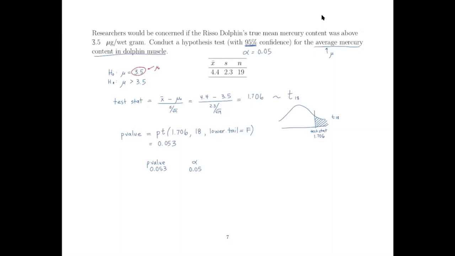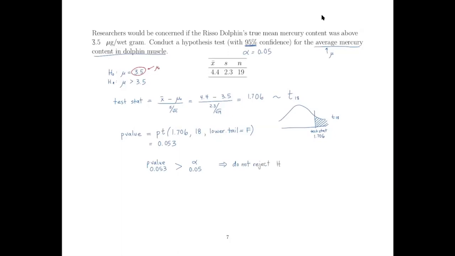So we have a 5% cutoff for the chance of observing the test statistic that we did, given that the null hypothesis is true. In this case, our p-value is just slightly more than our alpha. And if the p-value is larger than our alpha, then we do not reject the null hypothesis. Do not reject H naught.